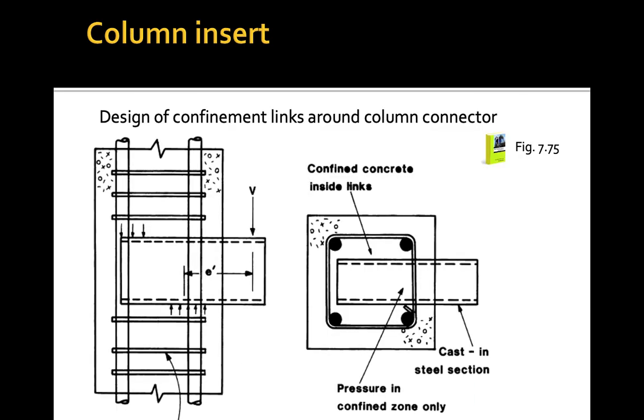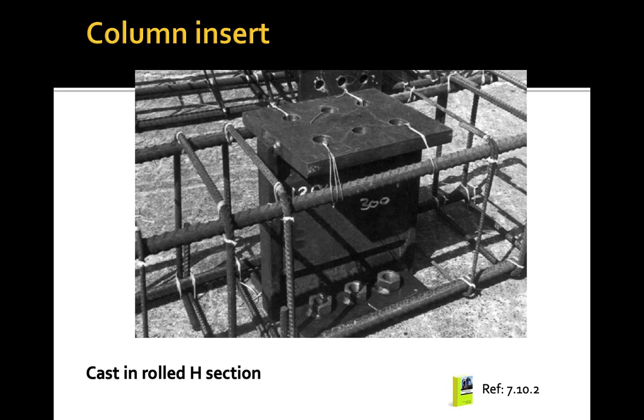So this figure is in the longitudinal view, and this is in the plan view. You can see that we need to have these links to cater for the forces. This is the arrangement of reinforcement, where we have cast-in rolled H section.